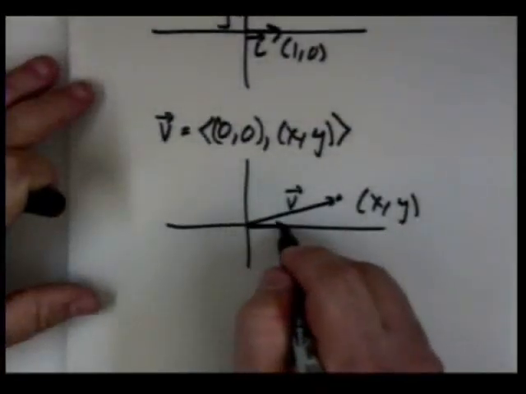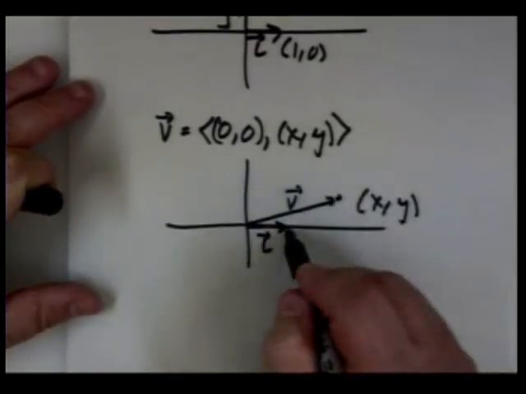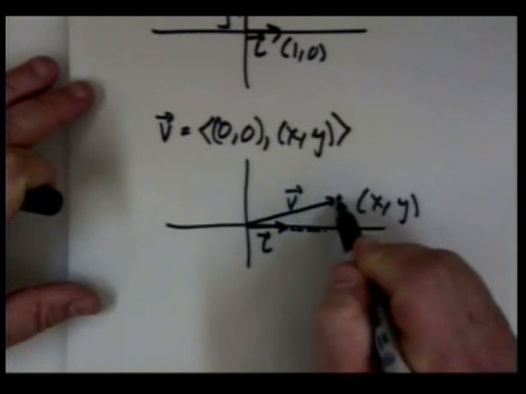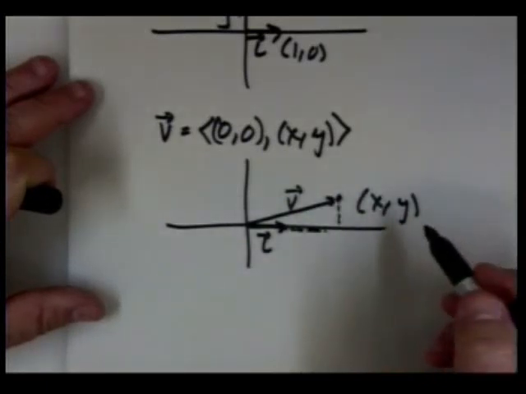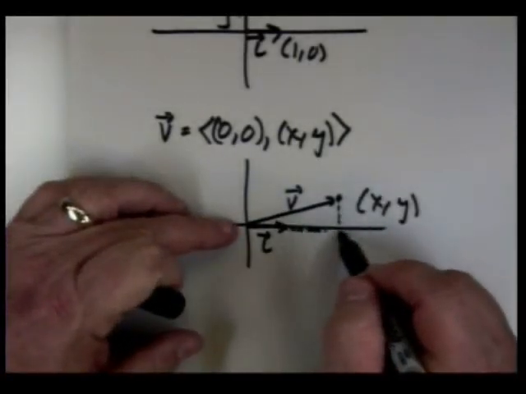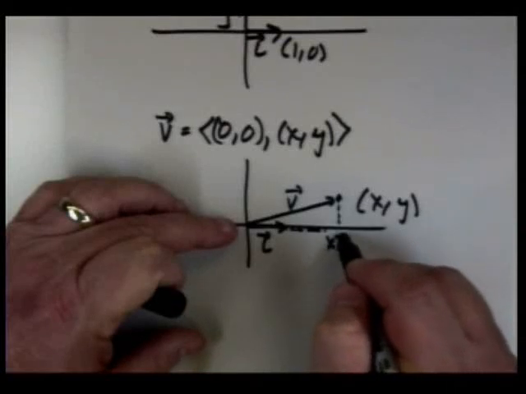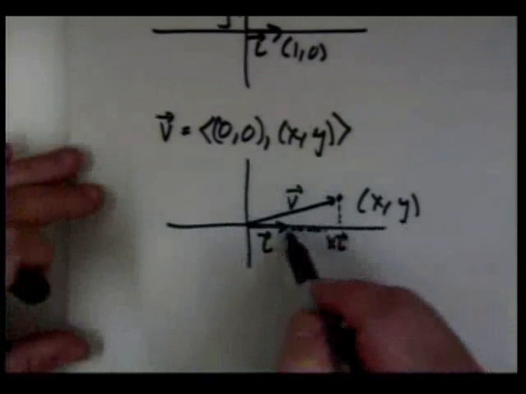Vector i goes 1 unit this way. Now here's what I would do. I would stretch i until it met the perpendicular from the end point right there. Now how far do I have to stretch that? Well, this distance has to be x units, so x times vector i would end right there.